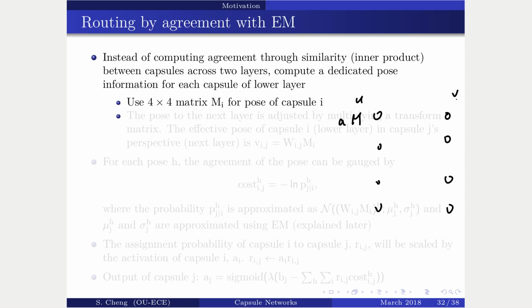And similarly for V, there is also a pose matrix and an activation value. In this EM paper, the pose matrix is simply a 4x4 matrix. I guess the rationale is, if we consider three-dimensional space, a 4x4 matrix is sufficient to capture all the transform matrices.